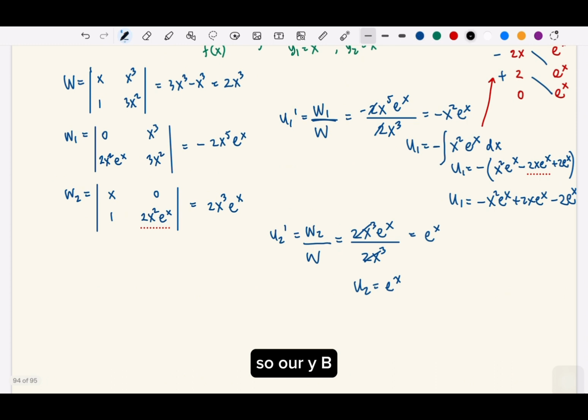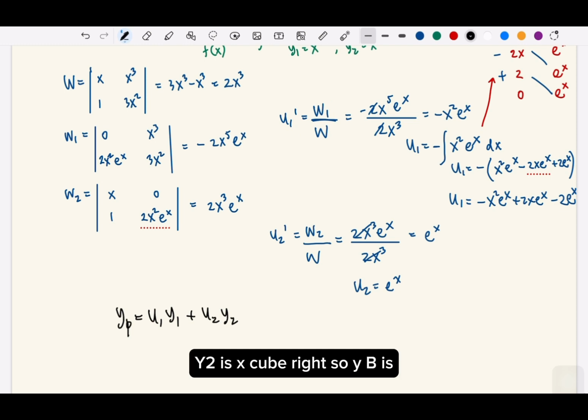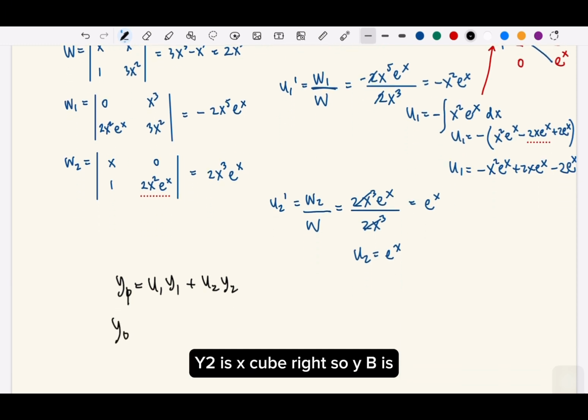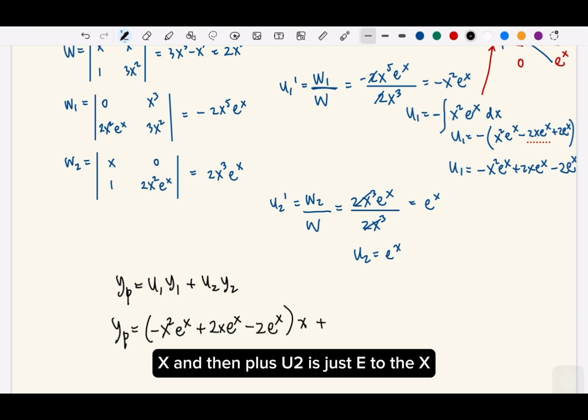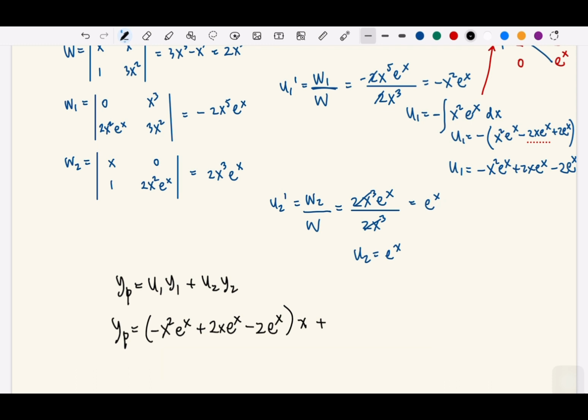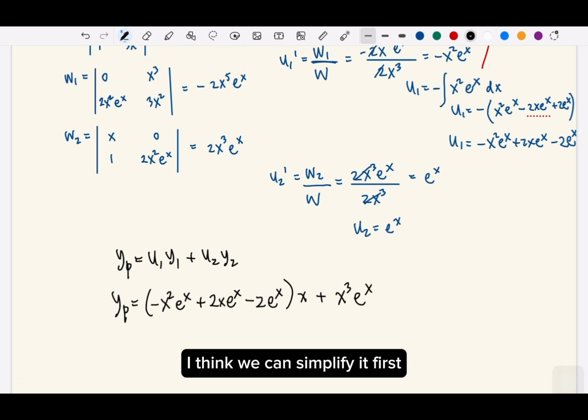So our yp is u1 y1 plus u2 y2. So we need to combine. y1 is x, y2 is x cubed, right? So yp is u1 times x, and then plus u2, which is just e to the x, times x cubed. I think we can simplify it first.